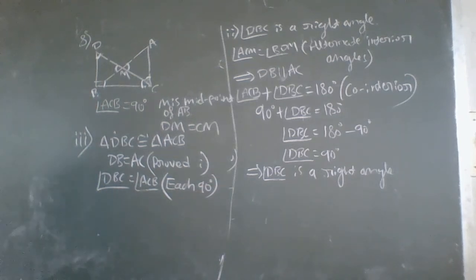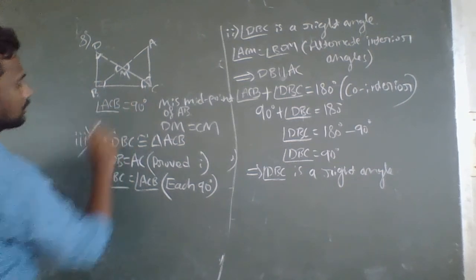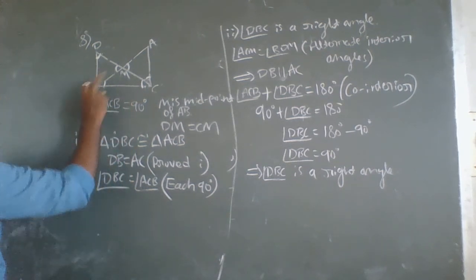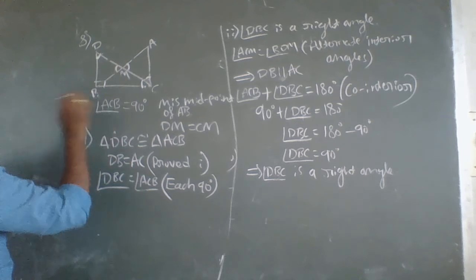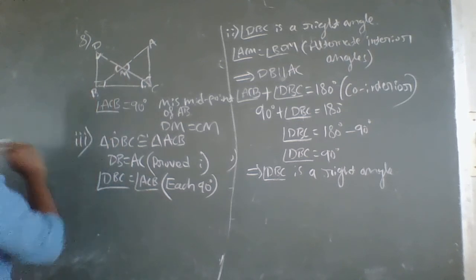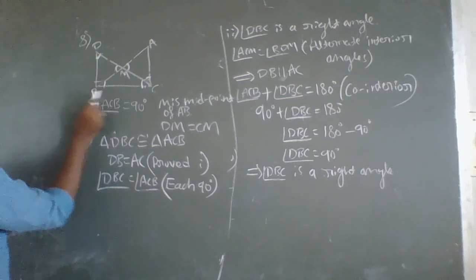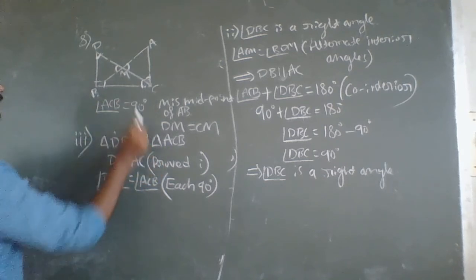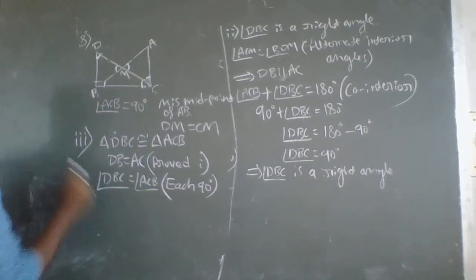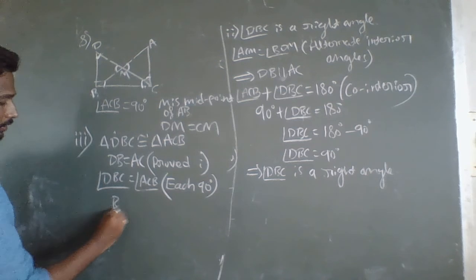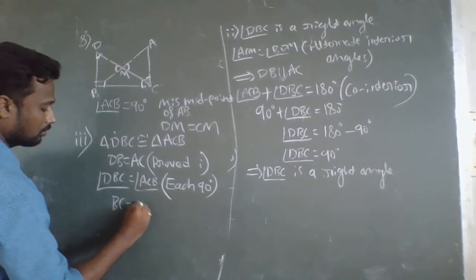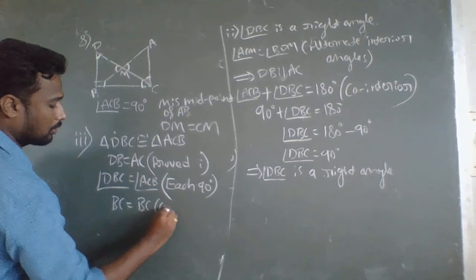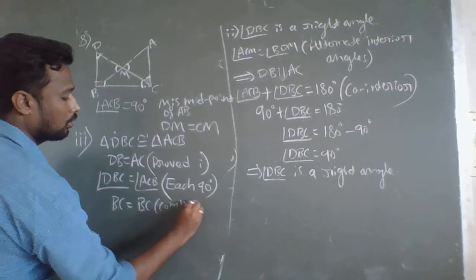Now again I will write BC is equal to BC. Here this BC is the base of these two triangles. BC is common to triangle DBC and triangle ACB. It is common to both triangles.